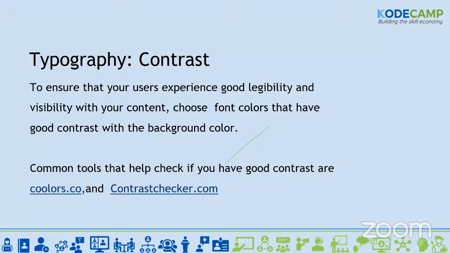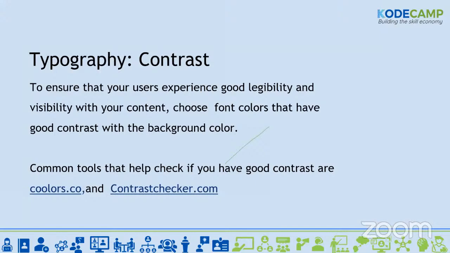Now to ensure that your users experience good legibility and visibility with your content, you have to use font colors that have good contrast with the background color. I've seen a lot of yellow. How do you use a bright yellow as your background and then put a white font on it?